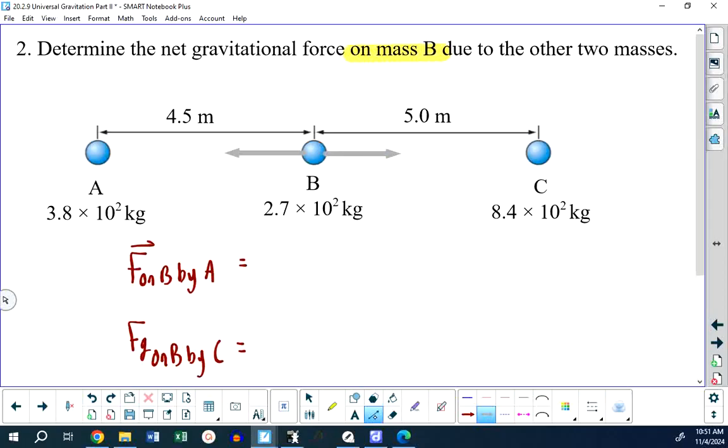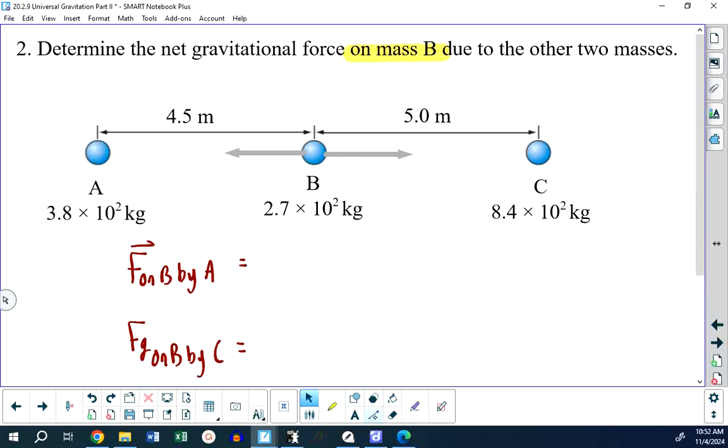B is also forced this way towards C. It's not an easy task to decide which one is greater.